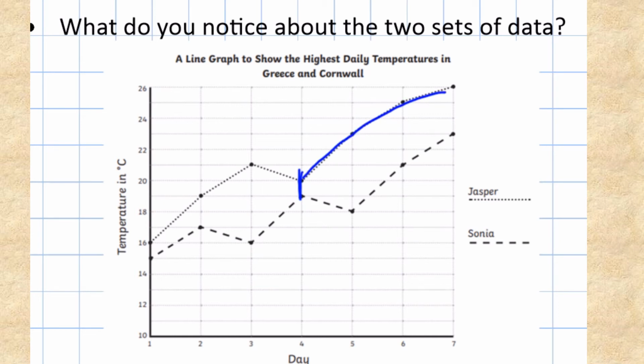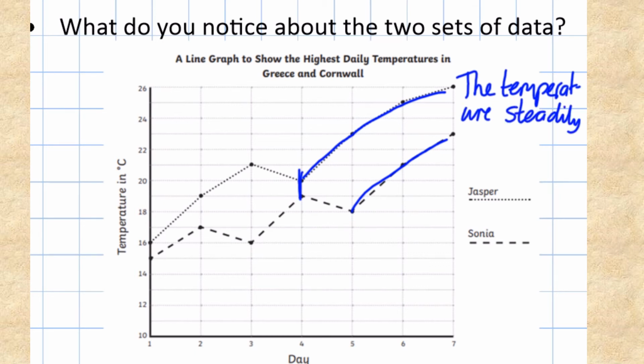And obviously there's a blip after day 5, but again, both sets of data, the temperature steadily rises. Okay, so the temperature continues to go up from the data after the first blip on day 4.